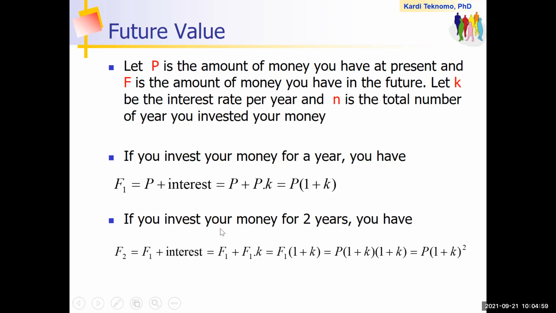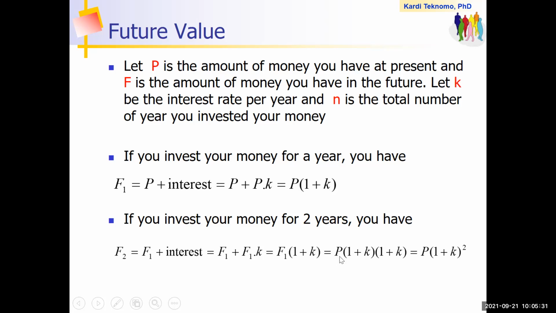If you invest your money for 2 years, what will happen? You get F2 equal to F1 plus the interest. But the interest depends on F1. So in that case, F1 plus F1 times K. But remember, F1 a while ago was already P(1 plus K), right? So you replace F1 with P(1 plus K).